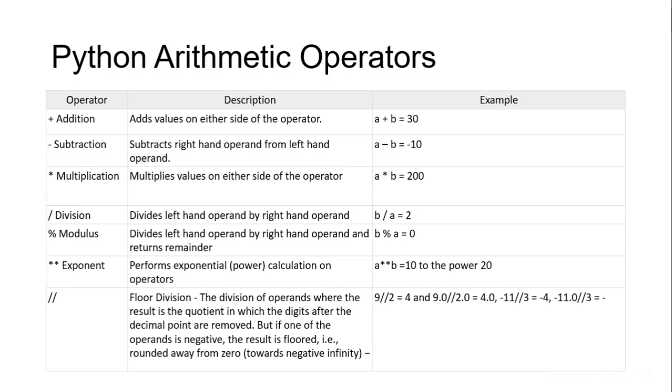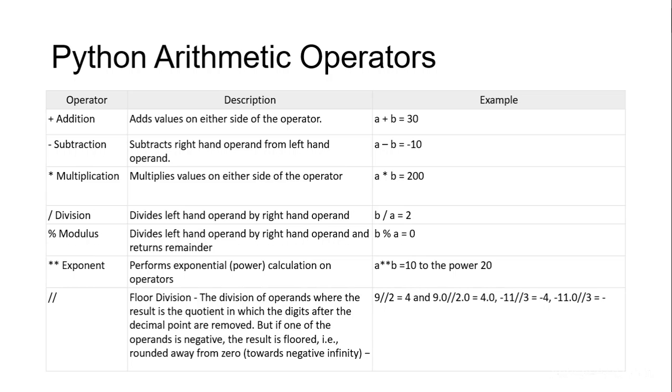And the floor division first divides the particular values and then returns the smallest value if the value is positive, and returns the next higher value after the division if the value is negative. For example, 9 floor division 2 means 9 divided by 2, that is 4.5, so it takes the lowest possible value, that is 4.